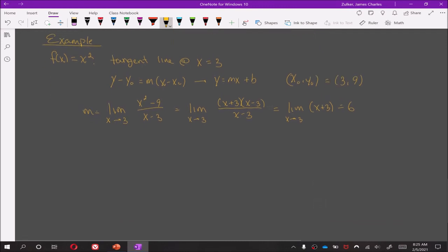So our slope is 6. So equation of tangent line, y minus 9 equals 6 times x minus 3, which is 6x minus 18. Add 9, we get as our tangent line y equals 6x minus 9.